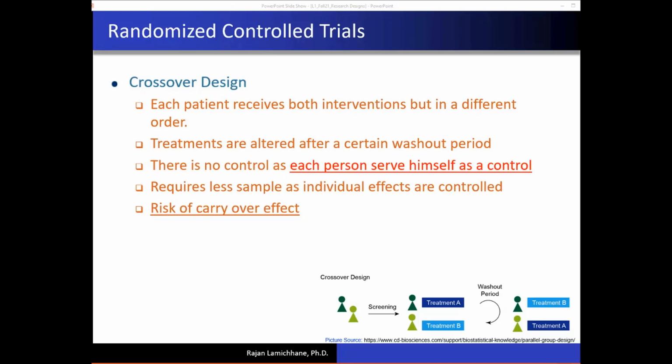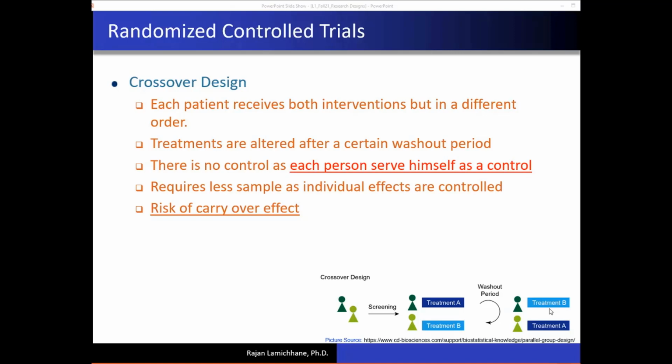So if the person is receiving treatment A in the first period, then after some washout period, the same individual will get another treatment B. So it means the treatments are altered after some washout period, and there is no separate control in this design because each person gets all the possible treatments.